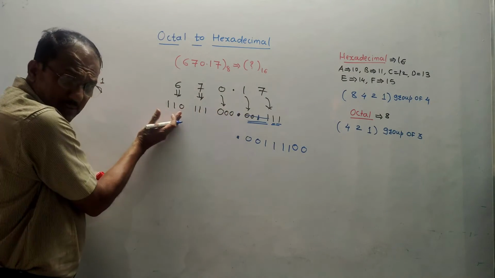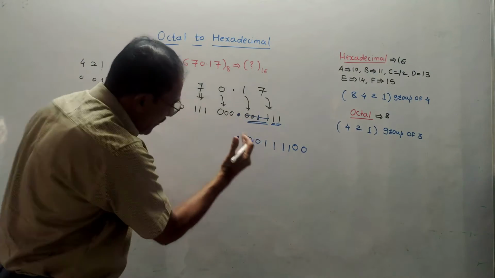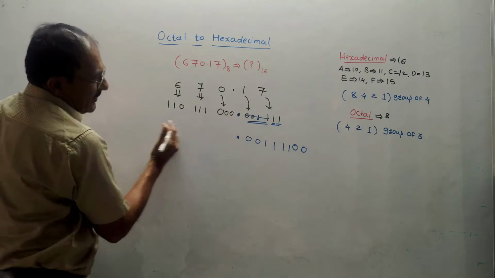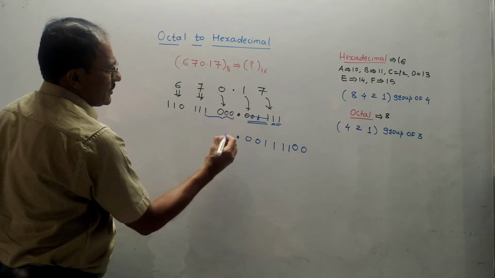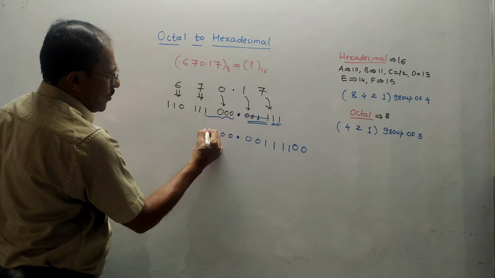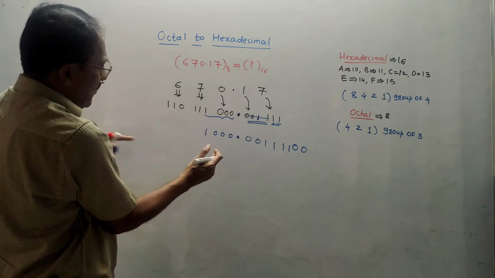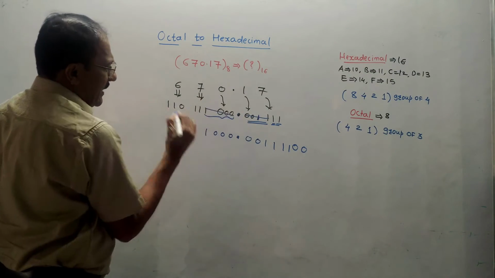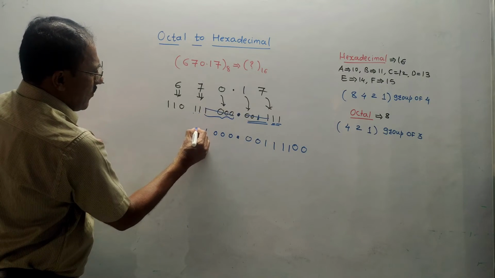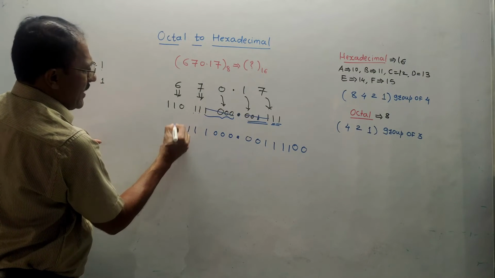For the part before the decimal point, start forming groups from right to left. So this will be the first group of 4: 0, 0, 0, 1. I am doing it in reverse because this is the part before the decimal point. So I have finished this part. Then consider 1, 1, 0, 1.